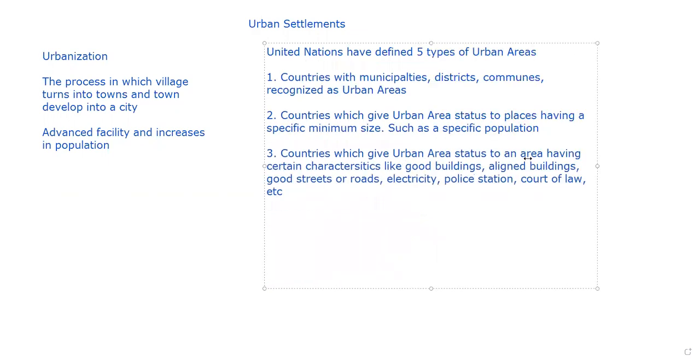All right, now number 4, type 4 countries.